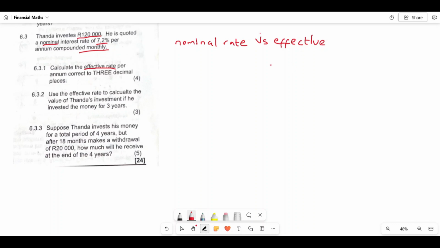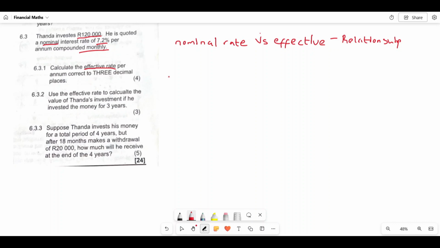Which means we need to understand the relationship between these two. There is a relationship between these two, and that's what we need to apply. We need to apply our knowledge of the relationship between the effective and the nominal rate in order to be able to find the effective rate.